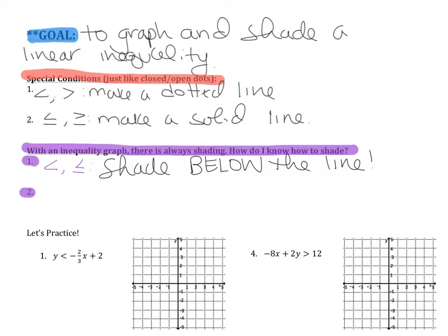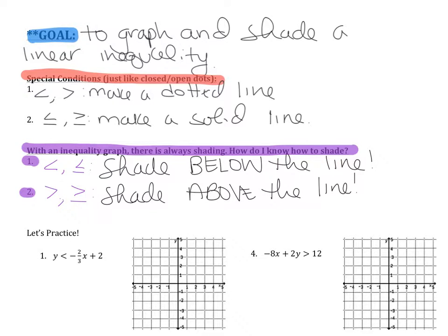If my inequality is greater than or equal to, I'm going to shade above the line. So I can either shade above the line or I can shade below the line. If I shade below, it's because my inequality is less than or equal to. If my inequality is greater than or equal to, I'm going to shade above the line.